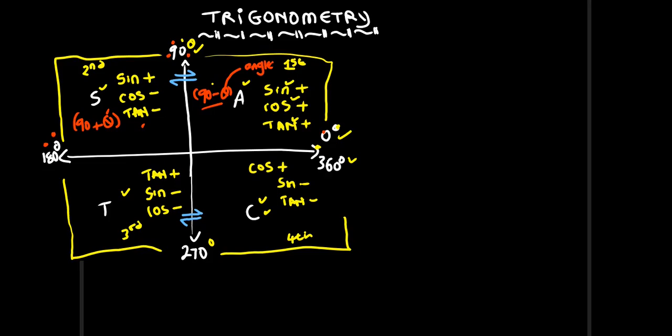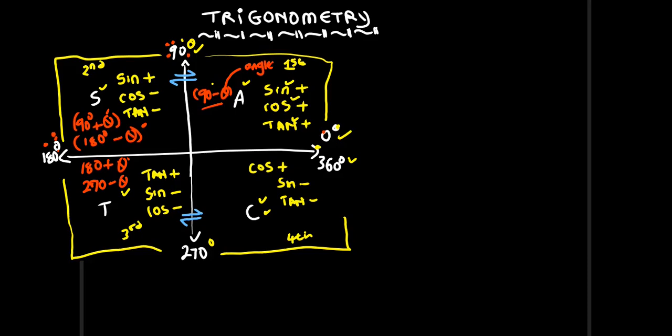Again, for me to be in this quadrant, I'll have to have 180 degrees minus theta. If my theta is 10 and I subtract 10 from 180 degrees, I'm going to have 170, and 170 is between 90 and 180. The same goes for the third quadrant. For me to be in this quadrant, I'll have to have 180 plus theta, or 270 minus theta.